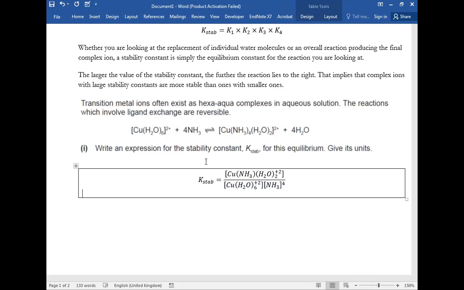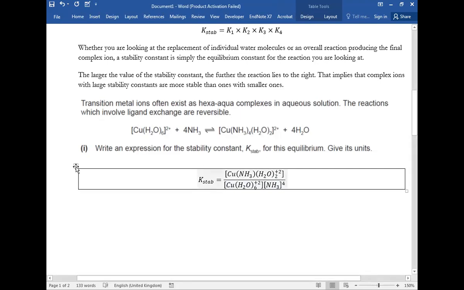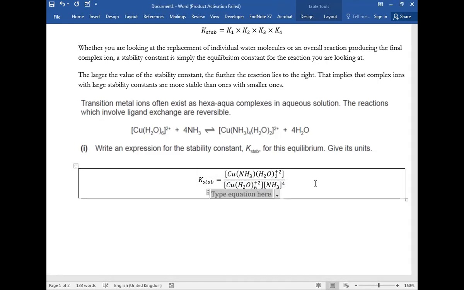What are the units? Can anyone tell me the units? Sir, mole -1 dm... First look carefully at the concentrations. Mole -1 dm -3.